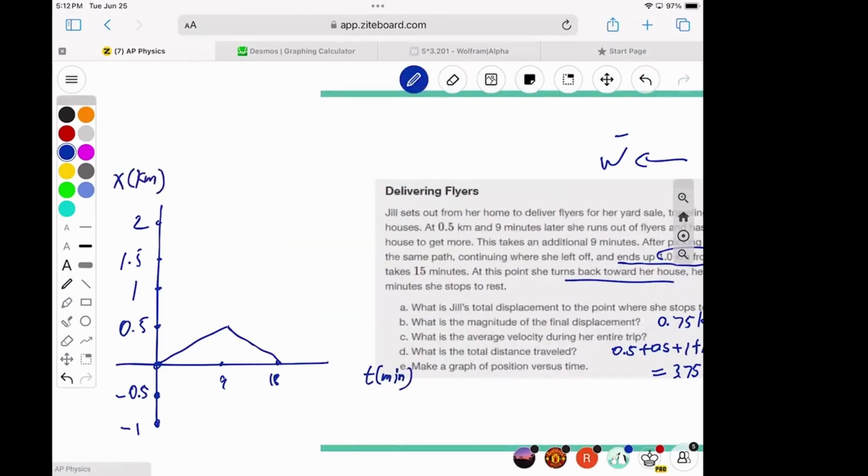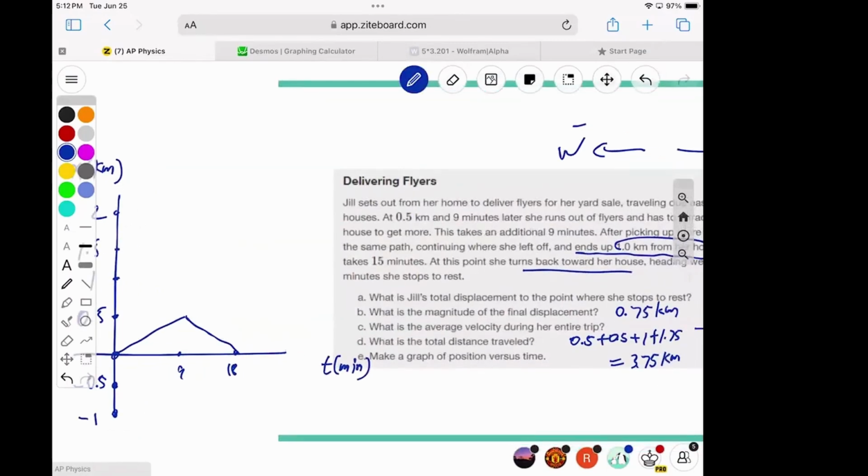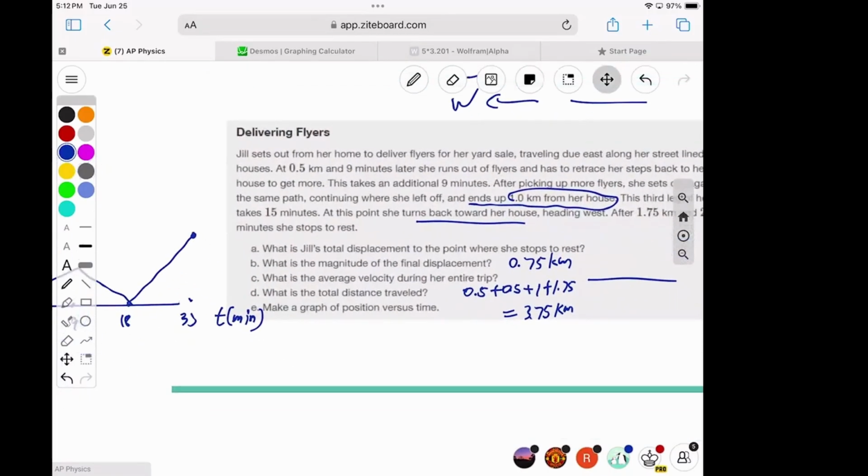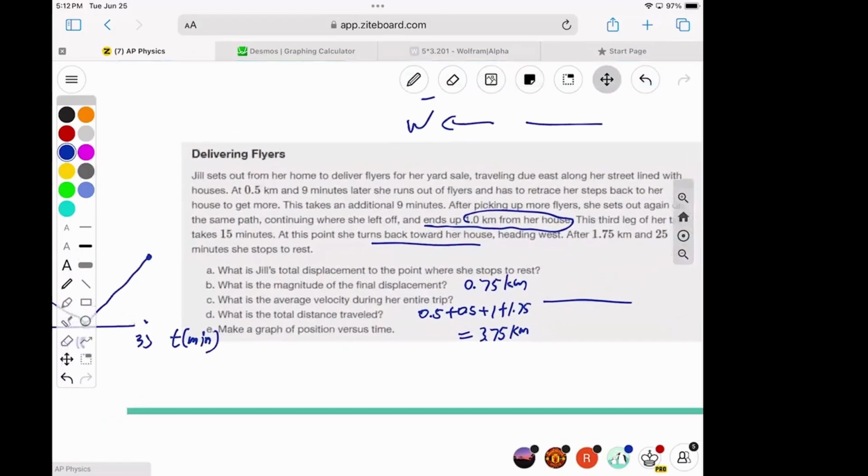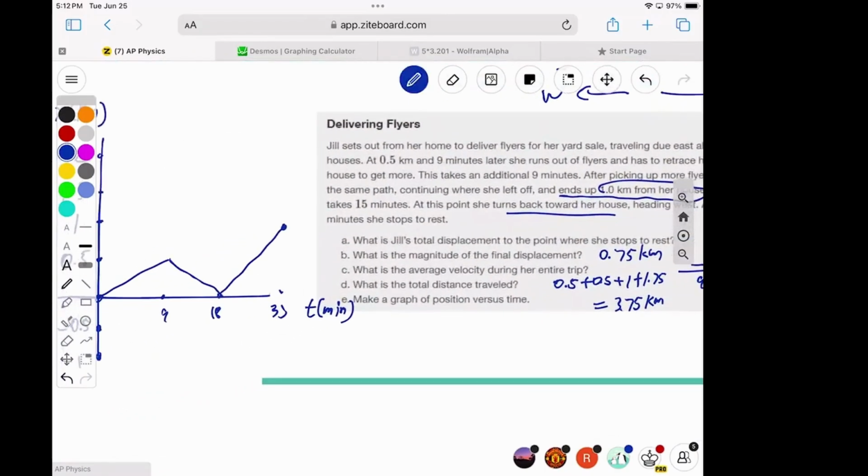Okay, so 18 minutes later, I get home, and then I traveled for 15 minutes, so at 33, I will get to 1 kilometer away, right? So about here, and after that, in another 25 minutes, so at 58, so that's quite far away here.